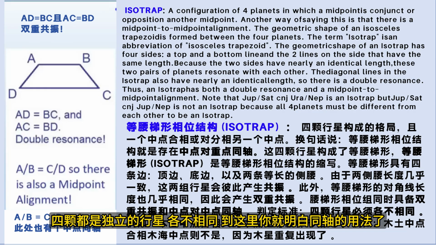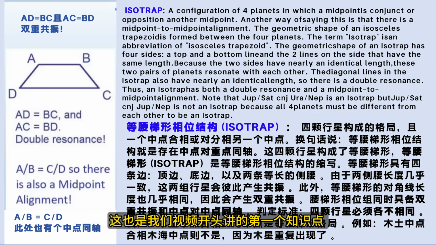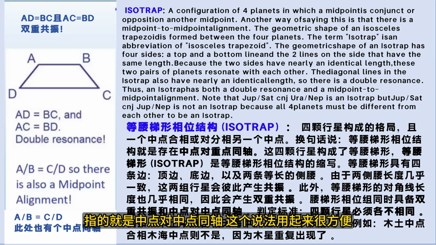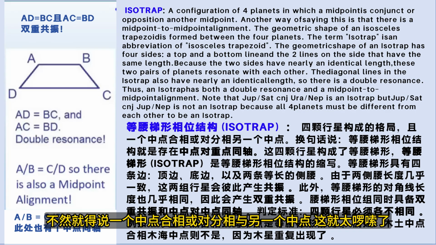Okay, so there you see the use of the word alignment, which was the first thing we started discussing in this video. And we end up using that word alignment in the context of isotraps, that there's a midpoint to midpoint alignment. There the word alignment is handy because otherwise we have to say there's a midpoint to midpoint. A midpoint is conjunct or opposition to another midpoint.